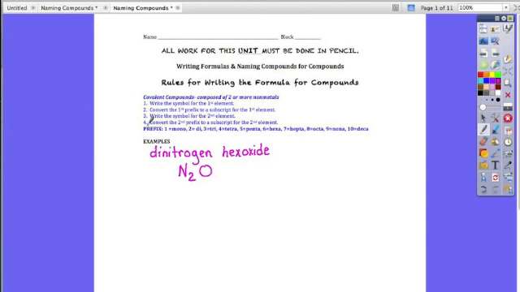And then step 4 says convert the second prefix to a subscript for the second element. So the second prefix is hexa. Hex is the prefix for the number 6. The 6 becomes the subscript for oxygen. N2O6 would be the chemical formula for dinitrogen hexoxide.